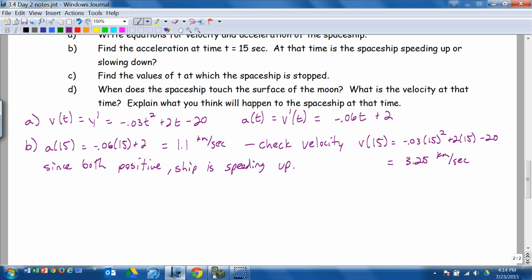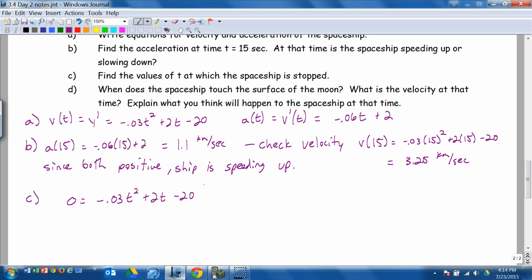So, part C, find the values of t at which the spaceship has stopped. Okay, well, that's simple enough. In order for it to be stopped, the velocity has to be 0. So I'm going to set the velocity equation, negative 0.03 t squared plus 2t minus 20, equal to 0.